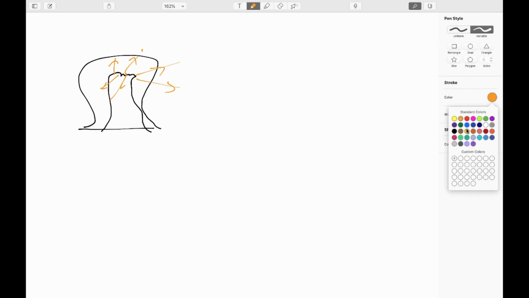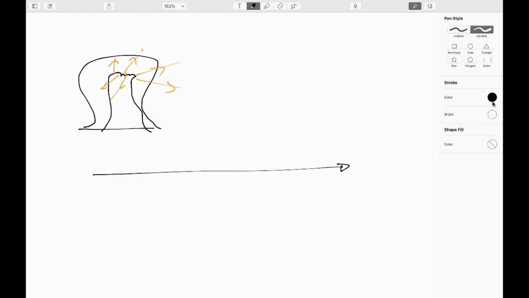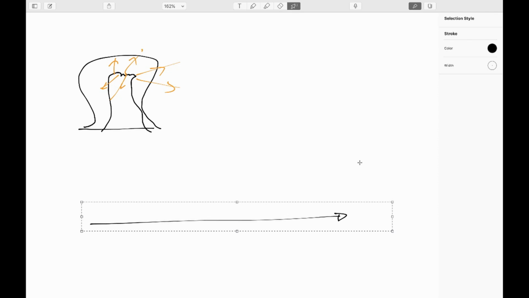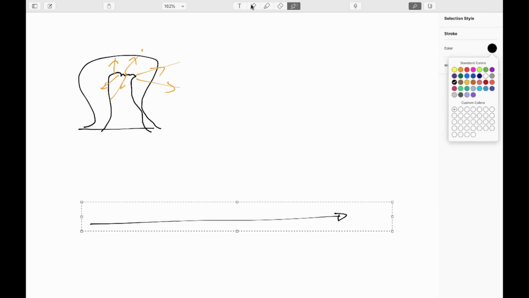So the idea here is, let's say this is the direction of propagation of our light wave.